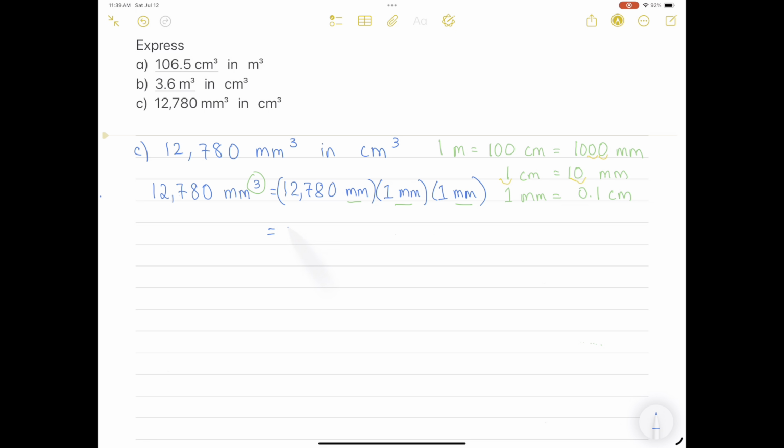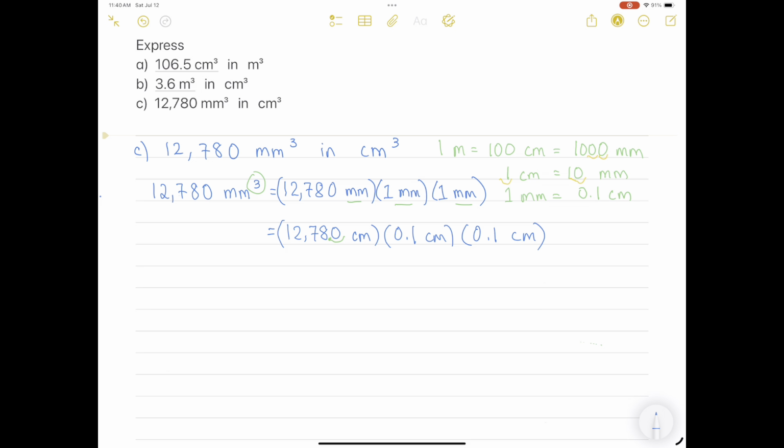So 12,780 millimeters equals 12,780 divided by 10 centimeters, because we need to move that decimal point 1 decimal place to the left to convert millimeters to centimeters. 1 millimeter equals 0.1 centimeters, and 1 millimeter equals 0.1 centimeters.